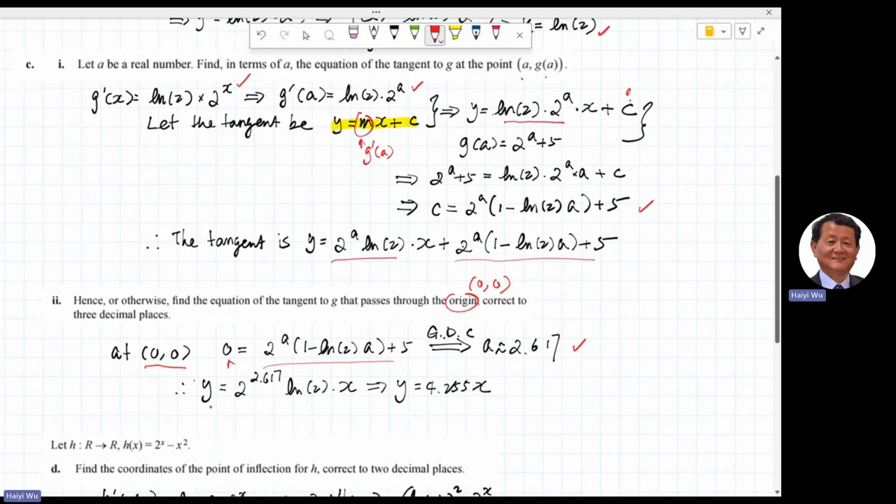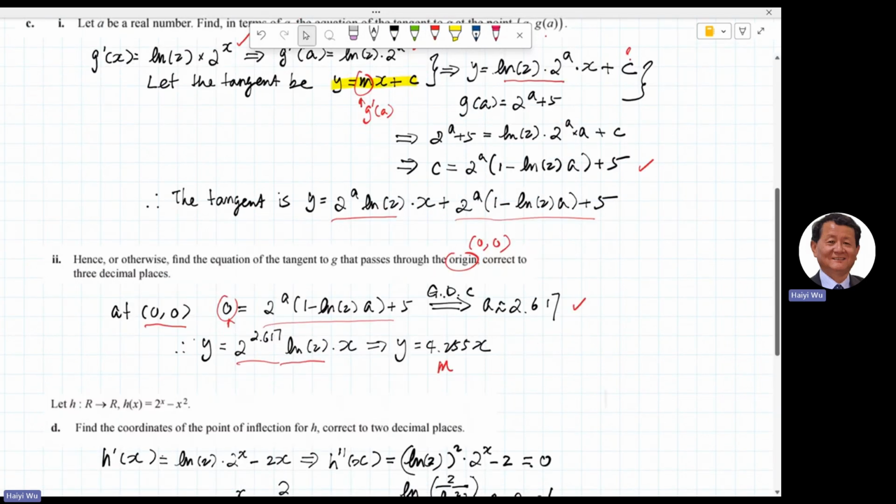So my y is mx, and using the graphics calculator m is approximately 4.255. That's question C1 and C2.